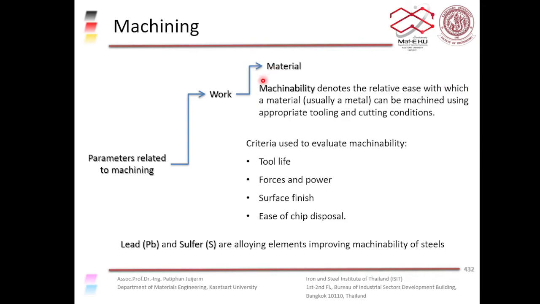So how easy it is to remove excess material without damaging the tool, etc. The criteria to evaluate machinability are the tool life, the forces and power used to machine that metal, the surface finish afterwards, and the ease of chip disposal. So these are the criteria for machinability. And we usually add in lead and sulfur in the steel to make it more machinable.